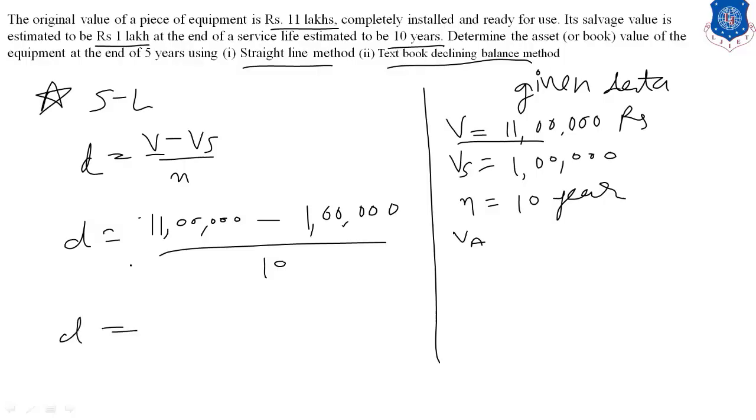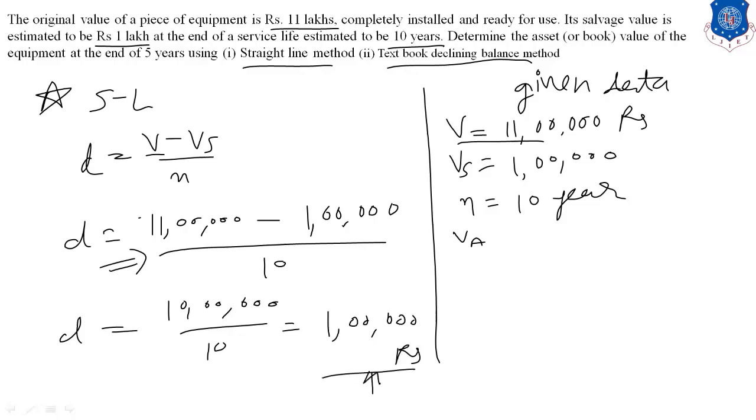Calculating this, we get 10 lakhs upon 10, which gives 1 lakh rupees. So this is the depreciation for each year for that particular equipment.